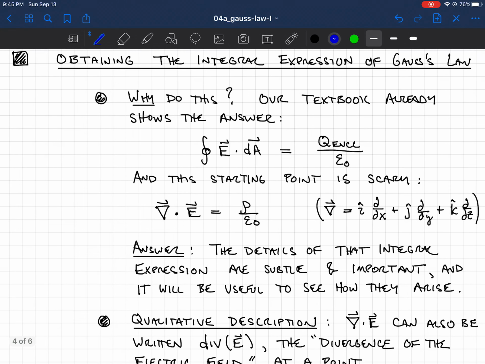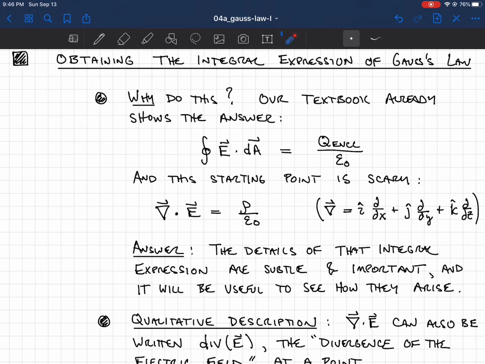Okay, so the integral expression of Gauss's law, which we'll use to calculate, is written right here. It's in your textbook. And you might ask, why am I going to try and show you why it comes from this thing that you don't even understand? Because this thing is thought to be more mathematically difficult than this one, and this is the one that we'll actually use.